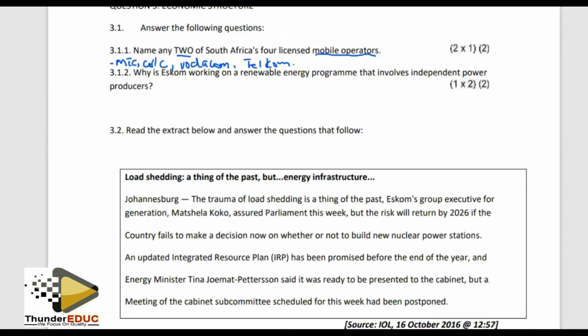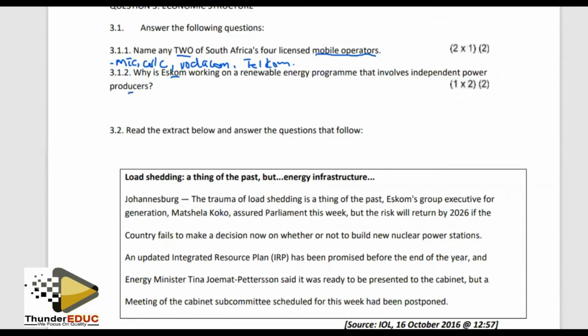Why is Eskom working on renewable programs that involve independent power producers? Why is Eskom, a major leading electricity producing company, working on renewable energy programs that involve independent power producers?